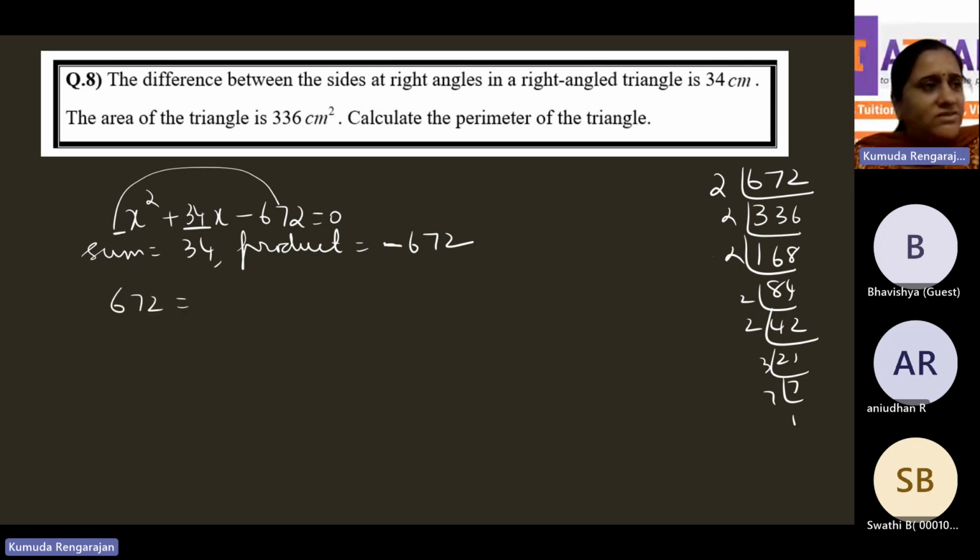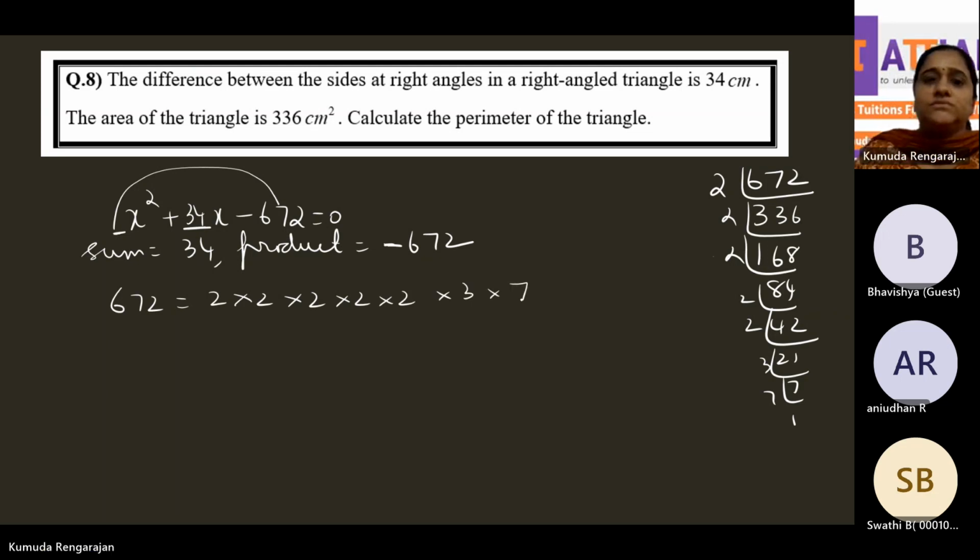Forget the minus, it's okay. 672 is made up of 2 into 2 into 2 into 2 into 2 into 3 into 7. Now use all these numbers and make two numbers, so that you get the sum as 34 and the product as minus 672.